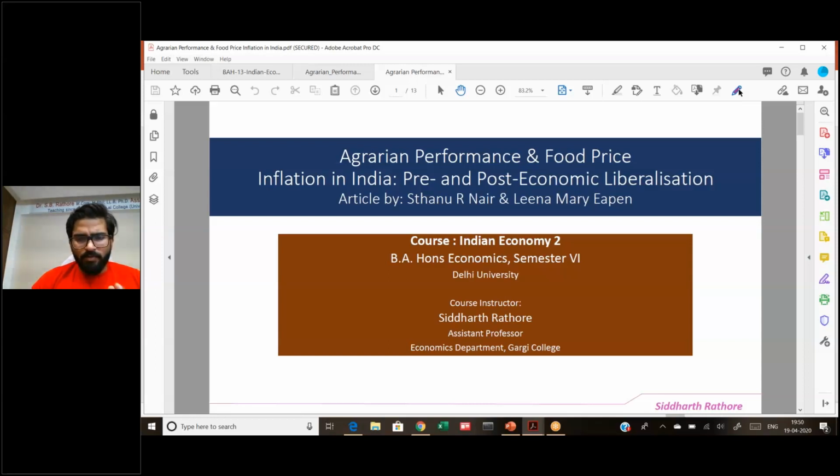See, the 1991 reforms happen to be a watershed moment for the entire economy. When we compare the post 1991 growth rate, we see that the growth rate per se is not as huge as we got in the maturing phase of green revolution. We'll see the timeline of that maturing phase.